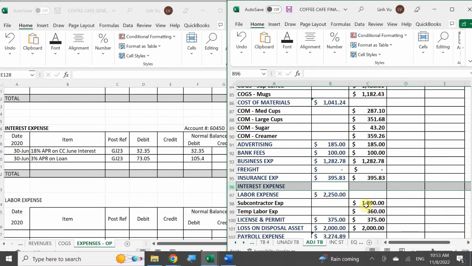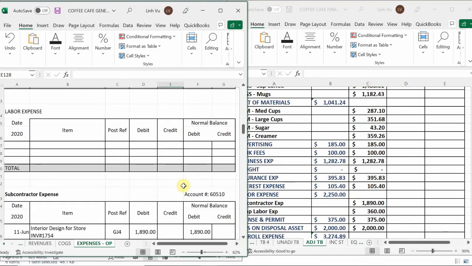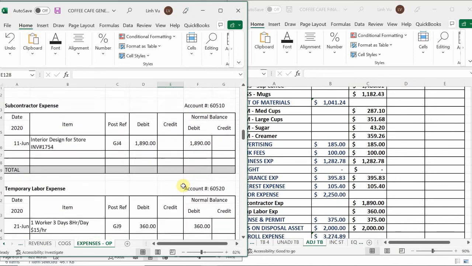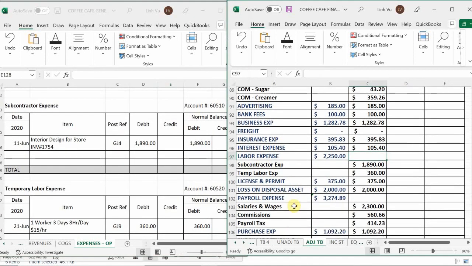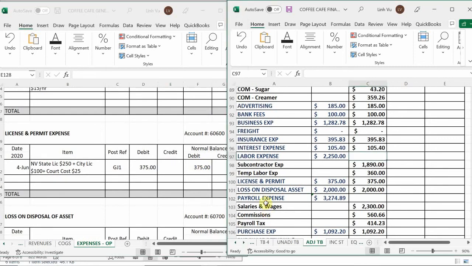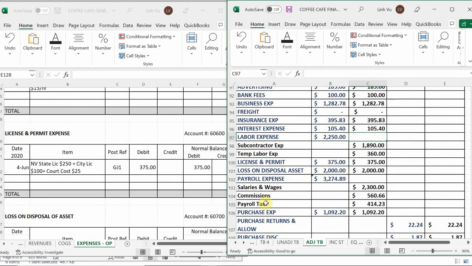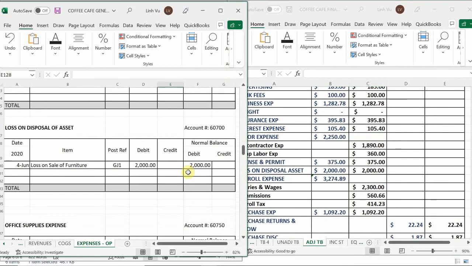Interest expense is currently at $105.40, right? Labor expense, so we have still $18.90 for the subcontractor expense and $360 for my temporary labor expense. License and permit is still at $375. Loss on disposal still $2,000.